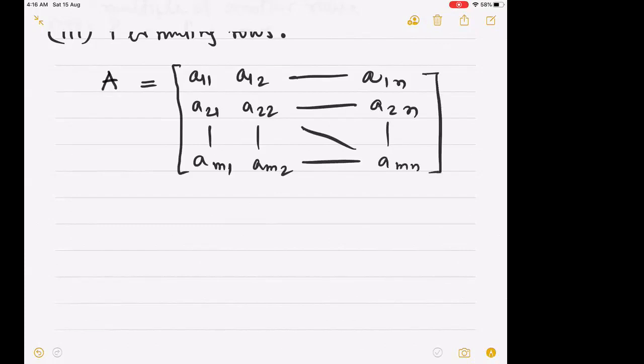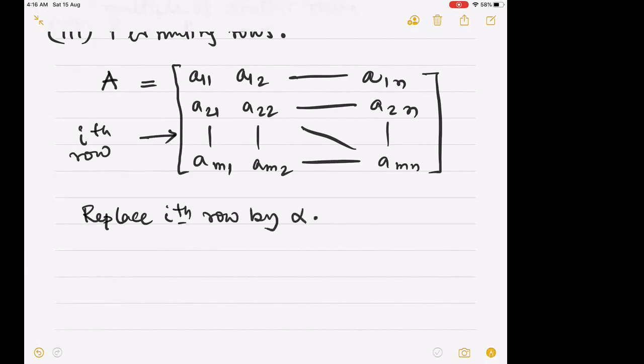This was my matrix, and suppose there is an ith row somewhere here. Row operation 1 would replace the ith row by, say, alpha times the ith row. We write this as replace ri by alpha times ri.